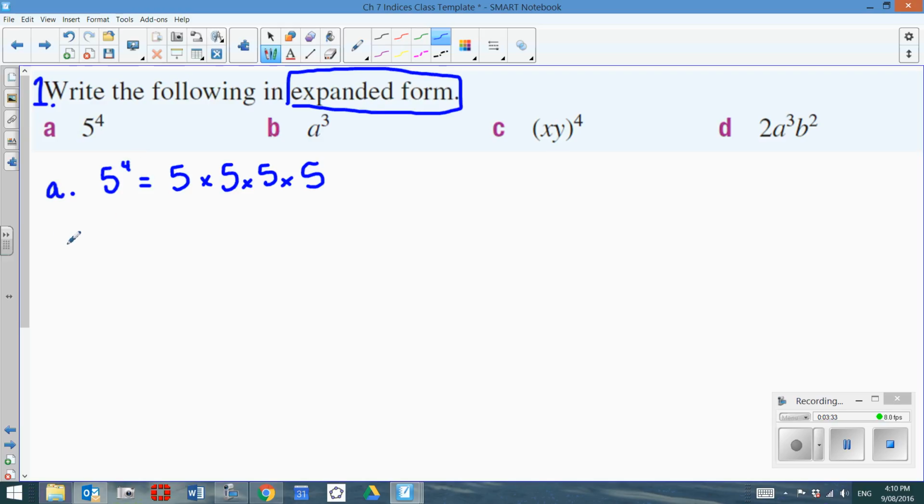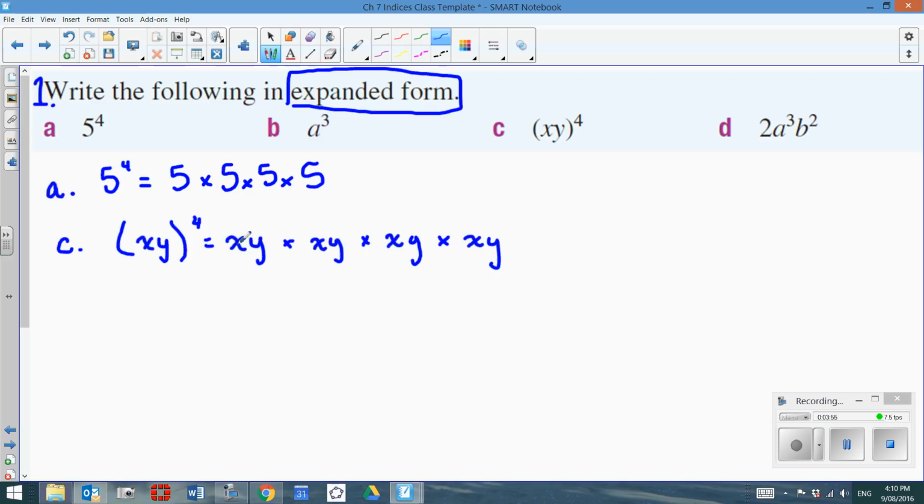For example, let's look at C. If I have xy, they're already multiplied by each other, raised to the 4th power. Again, I'm going to have xy multiplied by xy multiplied by xy multiplied by xy.